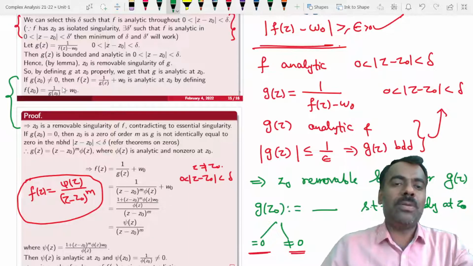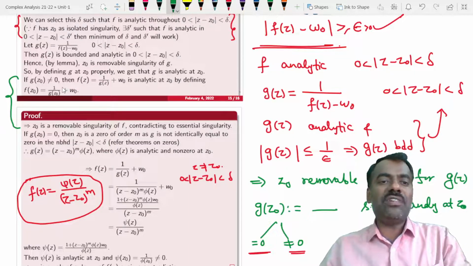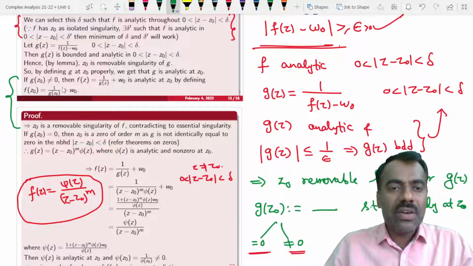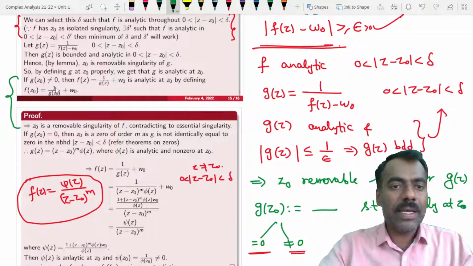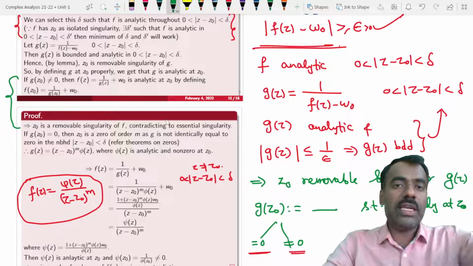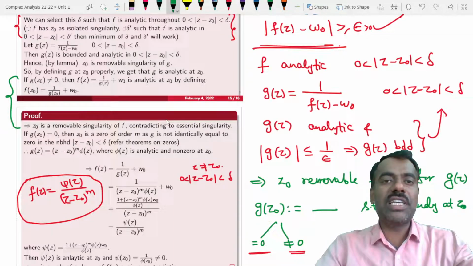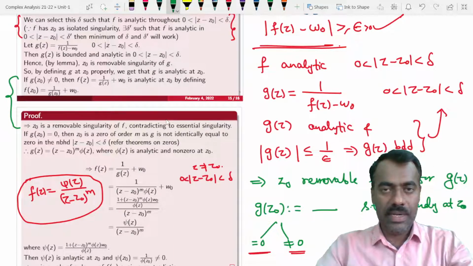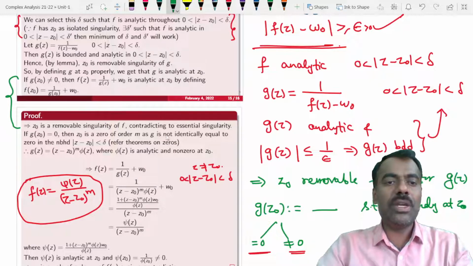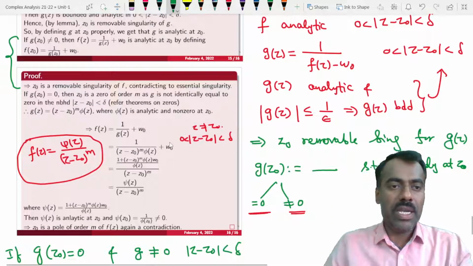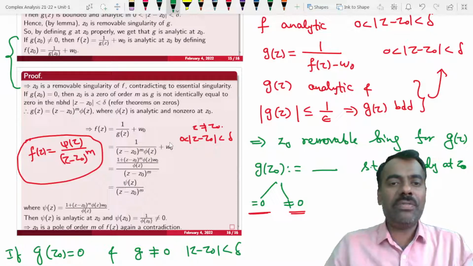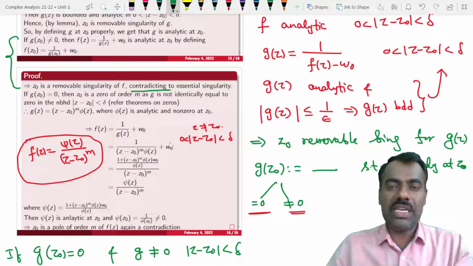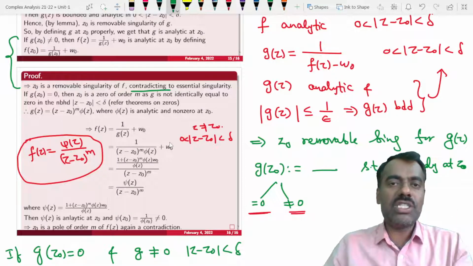Then f will become analytic even at z naught. If you are able to make the function analytic at that singular point, then that singular point becomes a removable singularity. So z naught will become a removable singularity of f, but which is a contradiction, because the given singularity is an essential singularity.